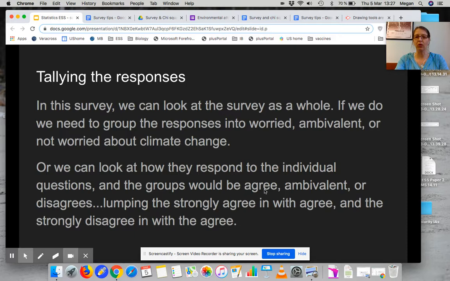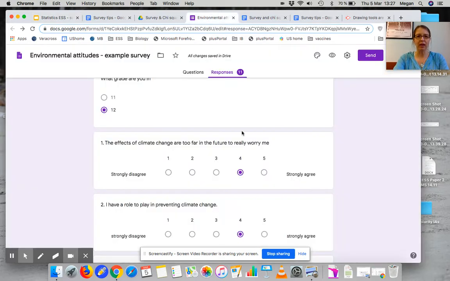Okay, so if you were to look at an individual question, say this first question here, the effects of climate change are too far in the future to really worry me, if they responded a 1 or a 2, that would be disagree. A 3 would be ambivalent, and the 4 and 5 would be agree. That's how we'd lump those categories together for that question.